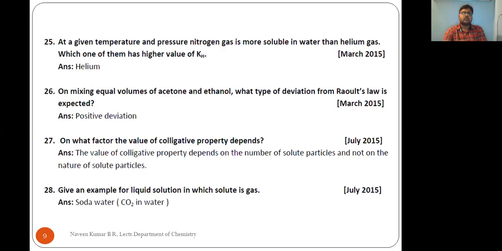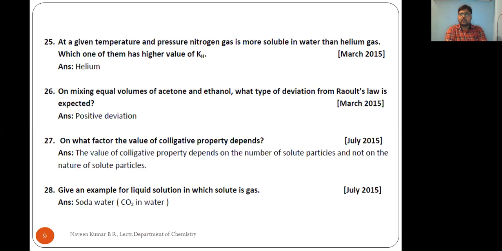Now we'll move to questions from the year 2015, March 2015 first. Question number 25 and 26. At a given temperature and pressure, nitrogen gas is more soluble in water than helium gas. Which one of them has higher value of Kh?